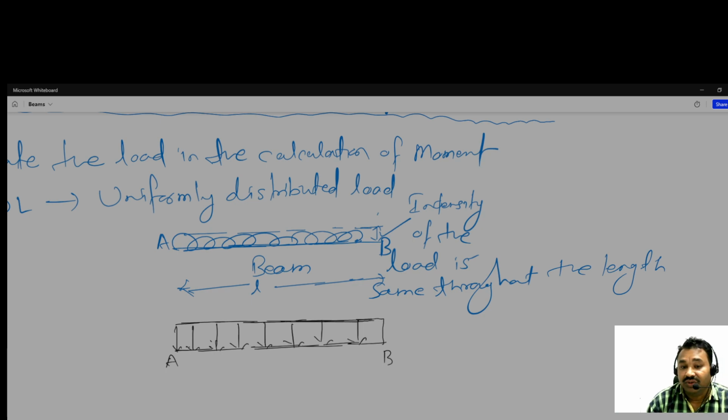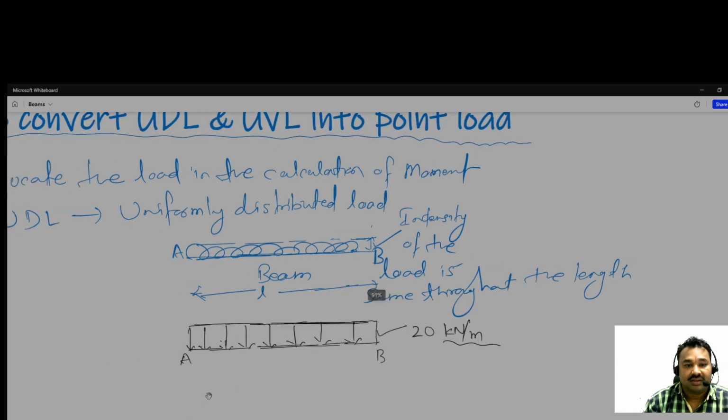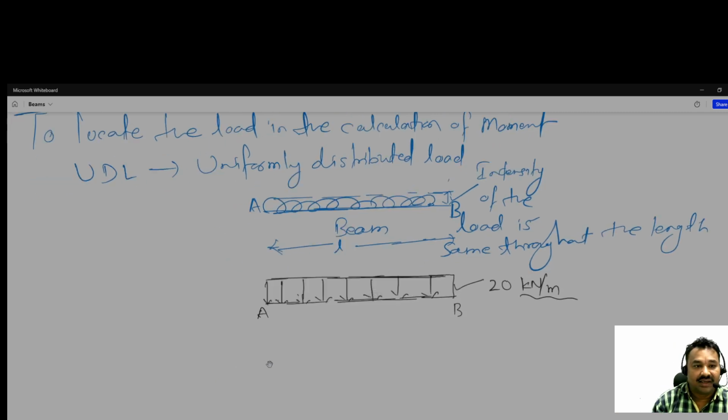And what is the unit? Suppose it is 20 kilonewton per meter. So the rate of the load, means distance wise. So in this way, the UDL. And what about UVL?